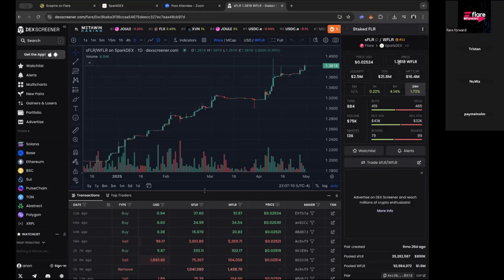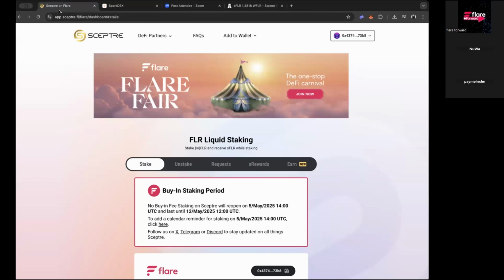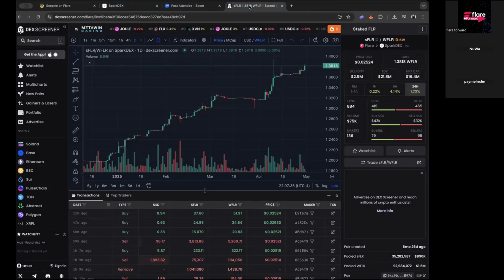So if I have one SFLR, I'm going to get 1.38 Rappler. Correct. That also means that you have to pay 1.38 Rappler for one SFLR. So if I was loading it here on this liquidity, I would be paying 1.38, as you said, per SFLR.